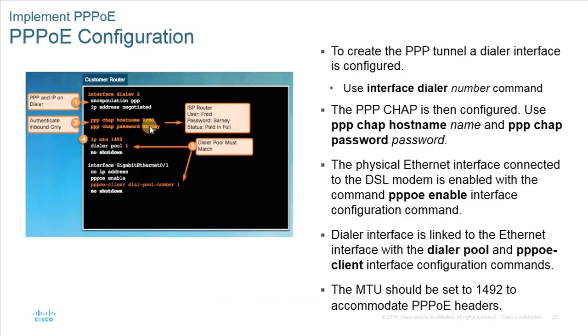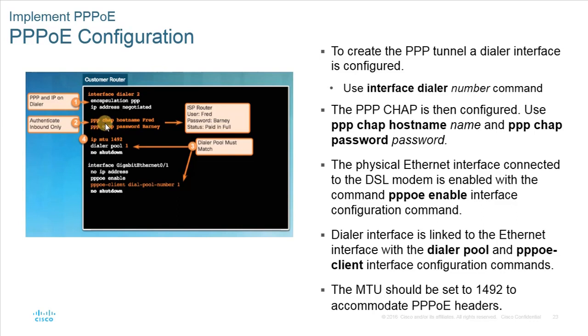This is an example of a point-to-point protocol over Ethernet configuration from the subscriber side or equipment. Mostly we just configure encapsulation point-to-point protocol, and then the IP address via DHCP. After that, we will have the following authentication.